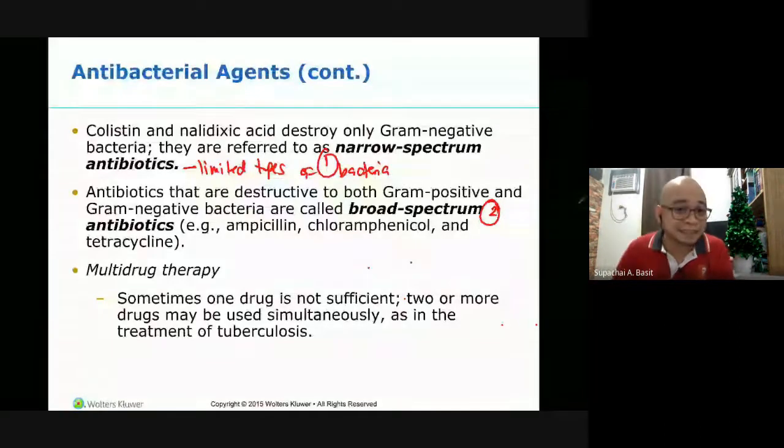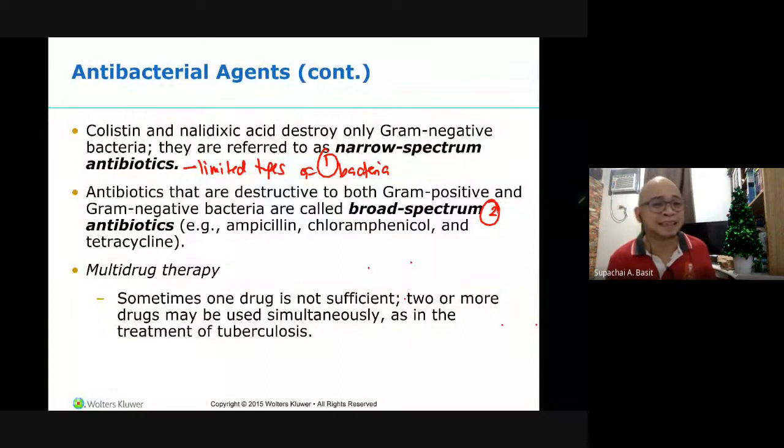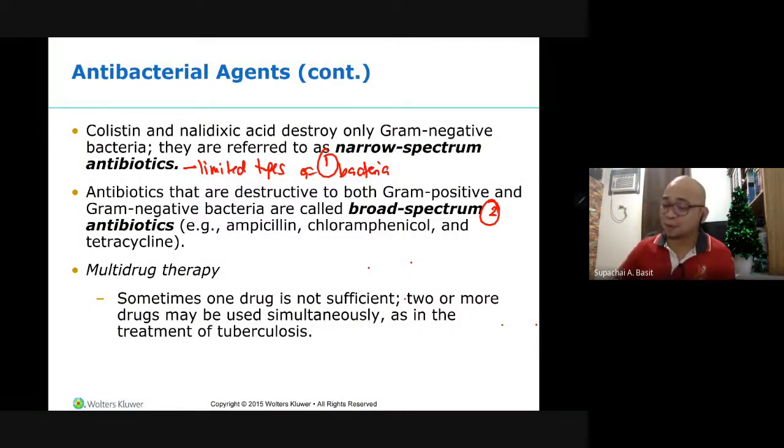For example, colistin and nalidixic acid can only destroy gram-negative bacteria. They are not effective for gram-positive bacteria. Therefore, colistin and nalidixic acid are considered narrow spectrum.